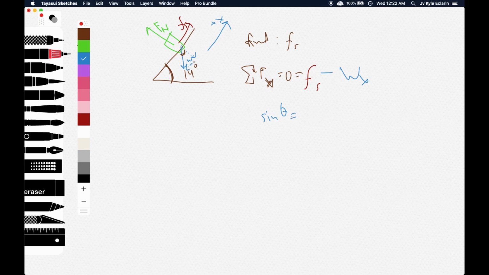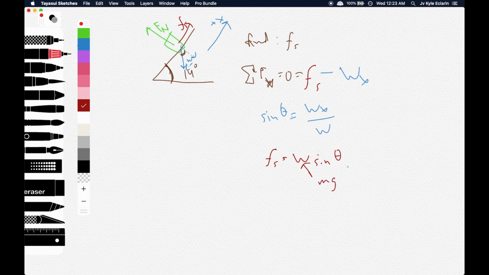Opposite is what we're trying to find, the x component of weight, over the hypotenuse, which is W. F of S is equal to Wx, and Wx is equal to W sine of theta, where W is equal to mg. So that's part A.